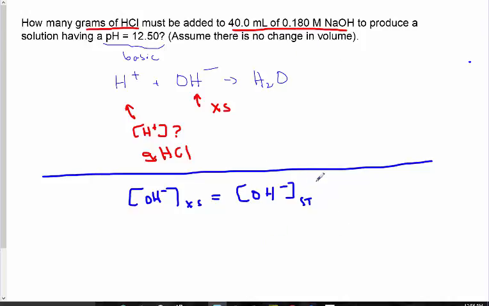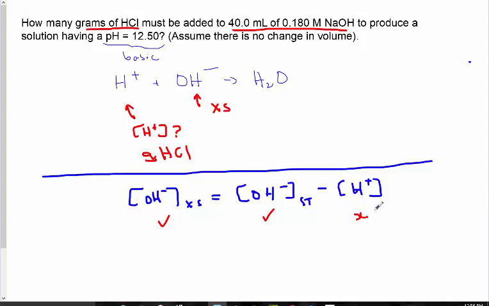Okay, so it's going to be the starting concentration of OH- minus the concentration of the H+, because the H+ would have reacted with an equal amount of the hydroxide, and we would have had some leftover OH-. So this time we're working backwards because we can solve for this guy right here, and we can solve for the starting amount from the base, the concentration of the base that we're given. So we're actually now looking for the H+ concentration.